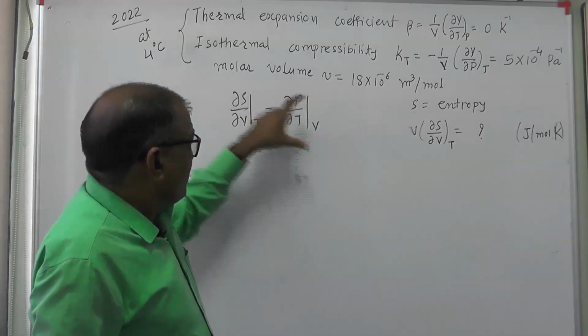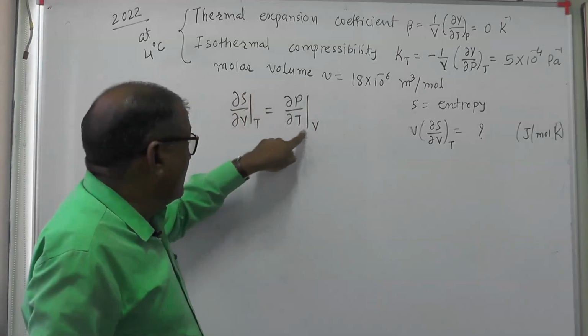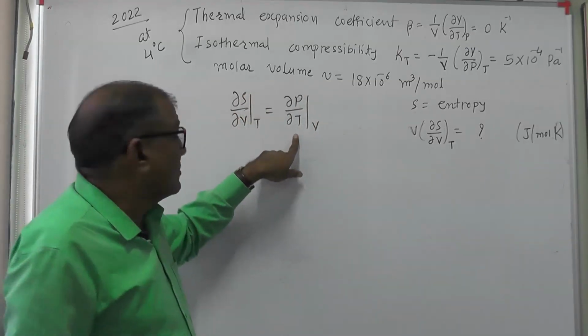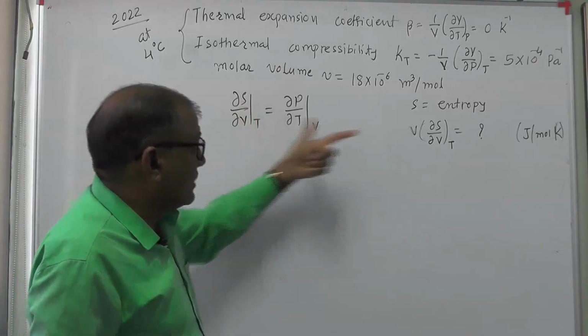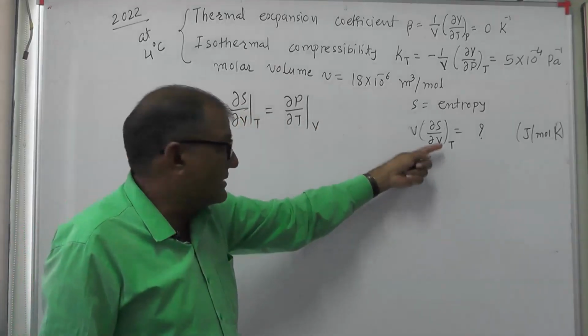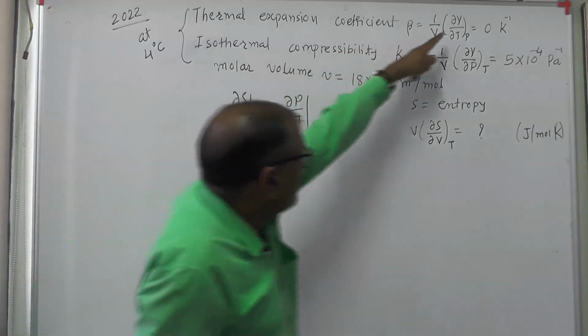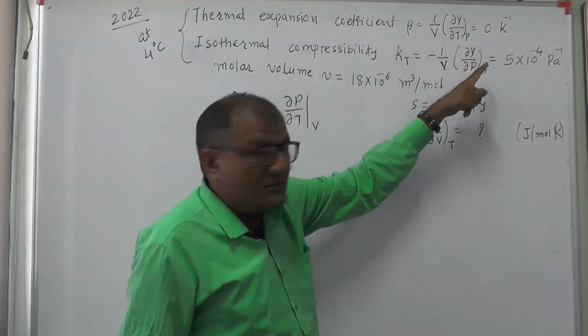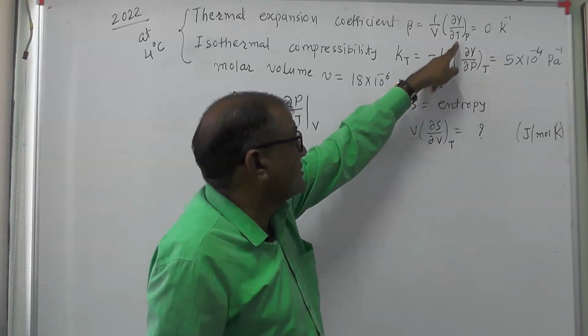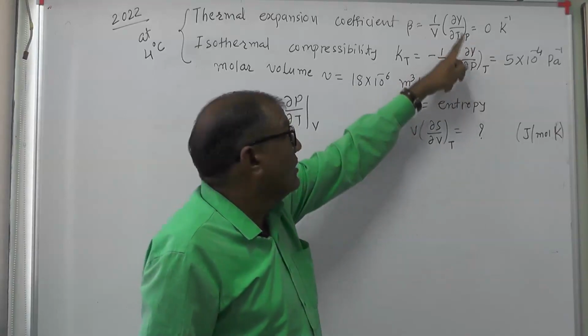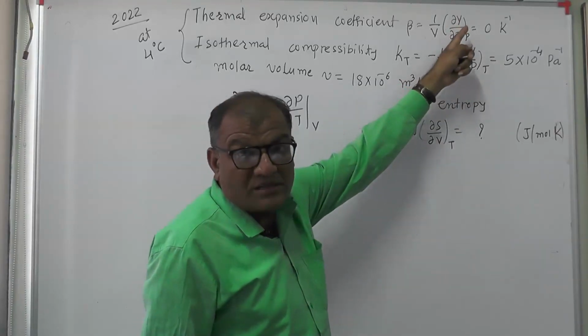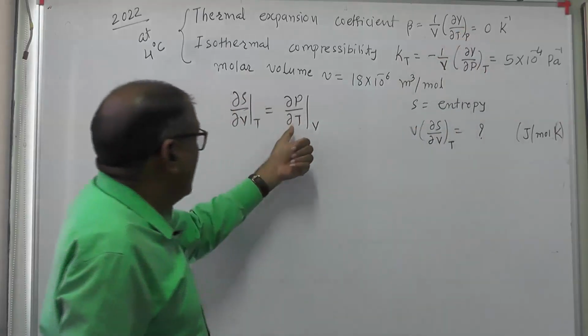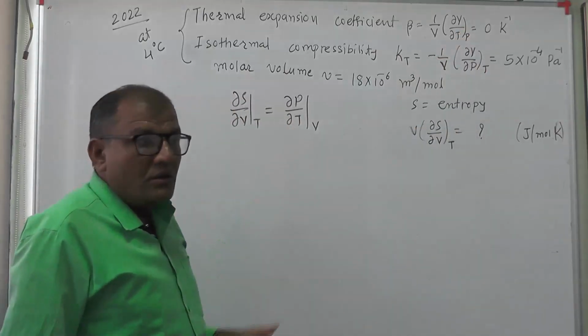If you know the value of del P over del T at constant V, then we can calculate the value of this entire term. These two derivatives are different. Both derivatives involve volume, but this is totally different.